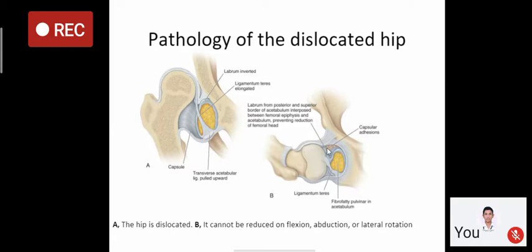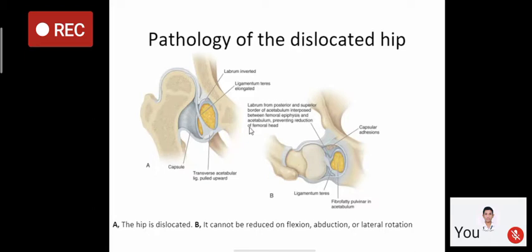Pathology of the dislocated hip. The labrum is inside, ligamentum teres is elongated, and there is fibrofatty tissue. Capsule is stressed, and transverse acetabular ligament pulled upward, so it decreases the capacity of the acetabulum.